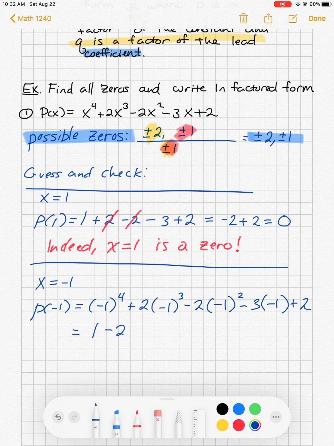That's 1 minus 2 minus 2 plus 3 plus 2. No, because 3 minus 2 is 1, 1 plus 1 is 2. This does not equal 0. So x equals negative 1 is not a zero.